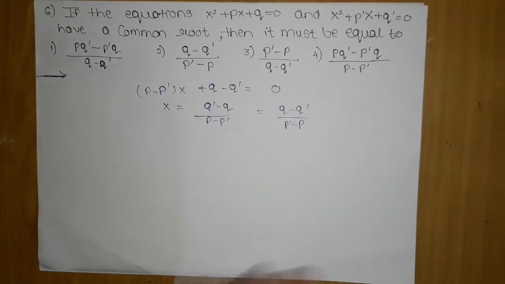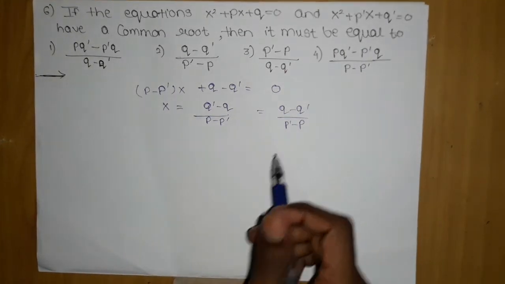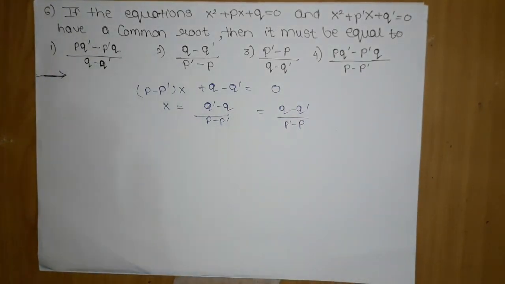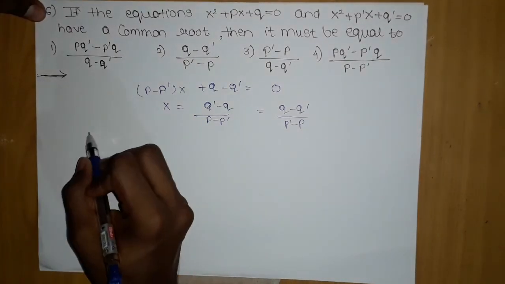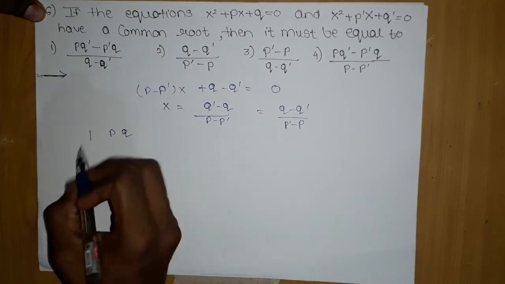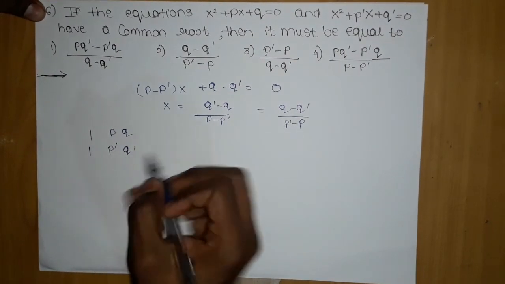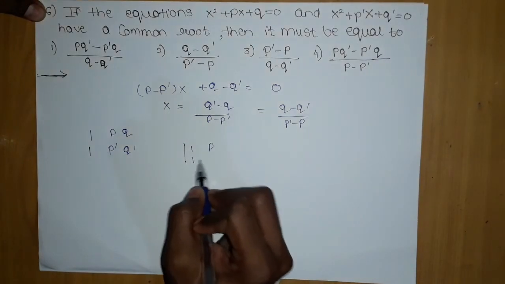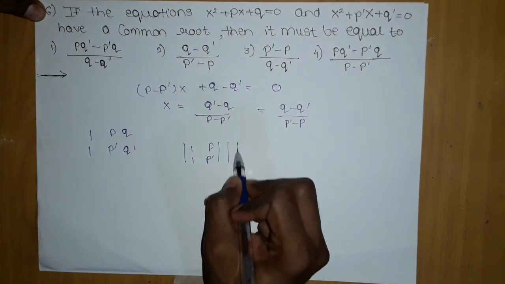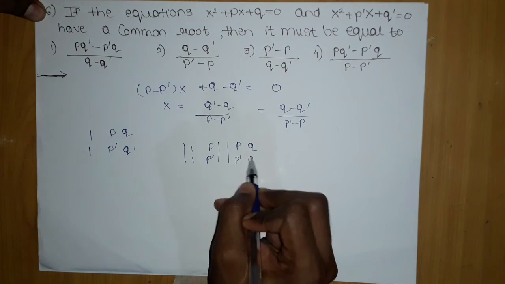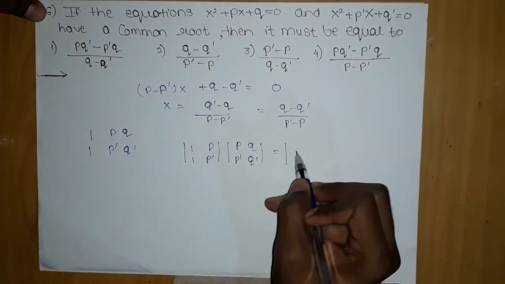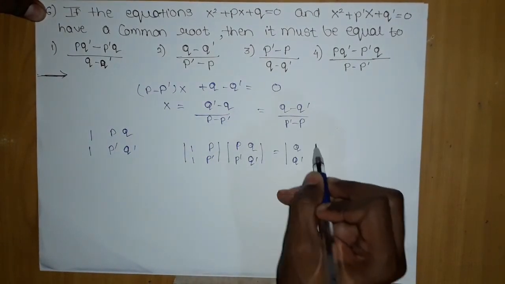Let's use the common root condition. What is the common root condition? We have these terms: 1, p, q. Use matrices instead of learning the common root conditions: form matrices of 1, p, 1 plus p dash, p, q into p dash, q dash, and the last will be q, q dash into 1, 1.